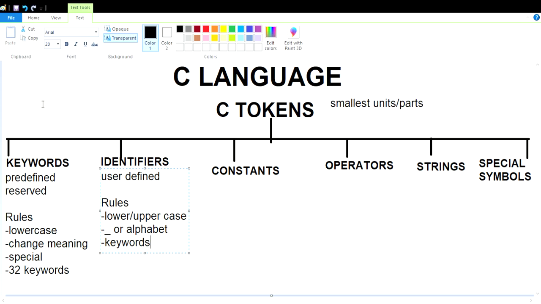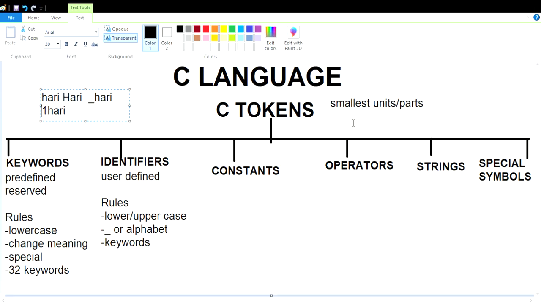Here, if you see, I want to take one name. If I want to take the name as Hari, we can write it like this, or like this, or like this. These three are allowed, but if I write 1Hari, that will raise an error.